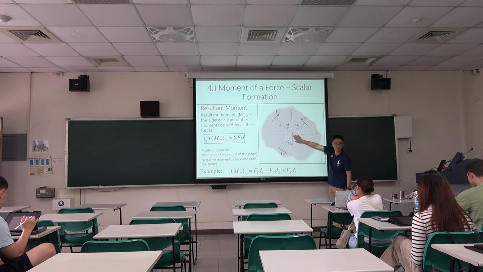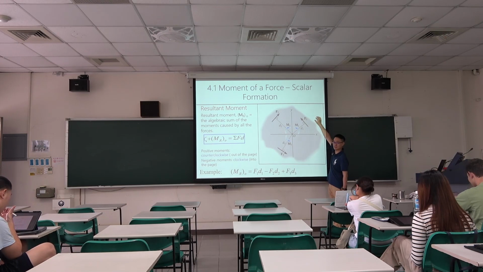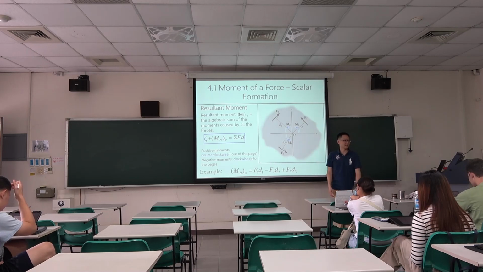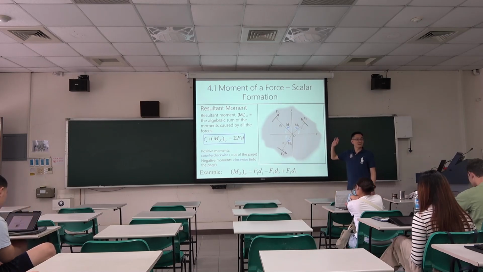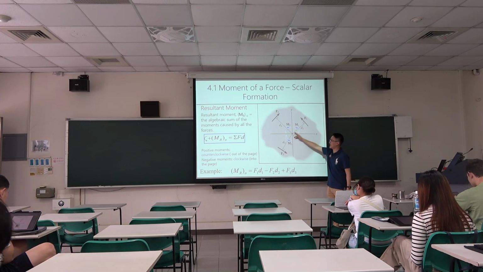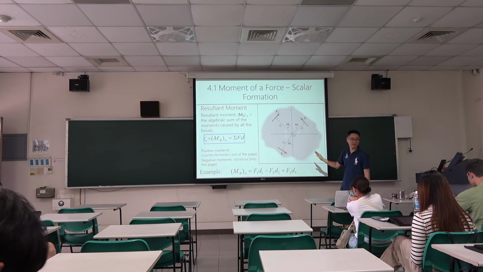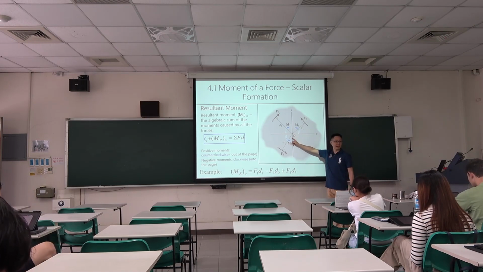I'm talking about moving the reference point to this point. So F1 gives clockwise, so F1 becomes negative. So this kind of consideration relies on the point position, where the position is. Every calculation is determined based on the reference point. Clear?